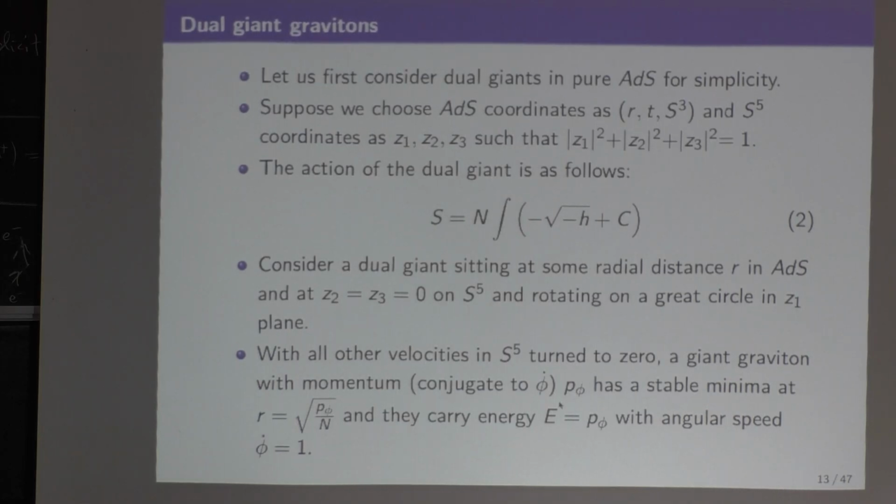Now we can find the stable minima for this. It turns out that the stable minimum is at a radial distance r in AdS which is related to its momentum along S5 by this relation. So basically, the radial distance is the square root of the momentum written in units of capital N.